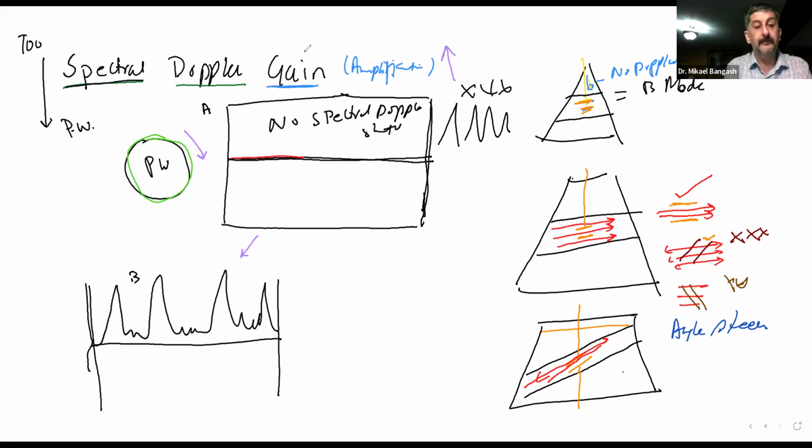We got noise. Clear? In B mode, we call that noise. Clear? In color flow, we call that noise confetti, right? You remember that one? Yep.